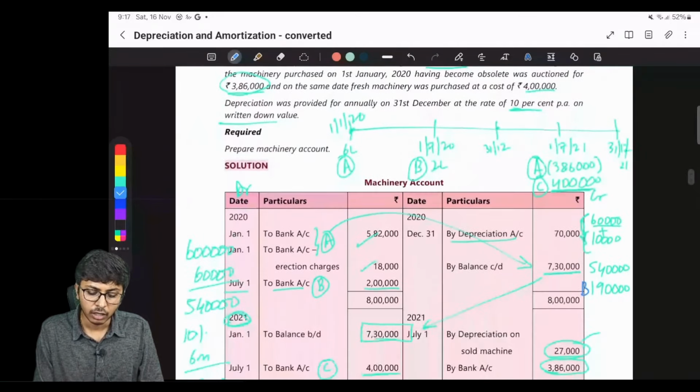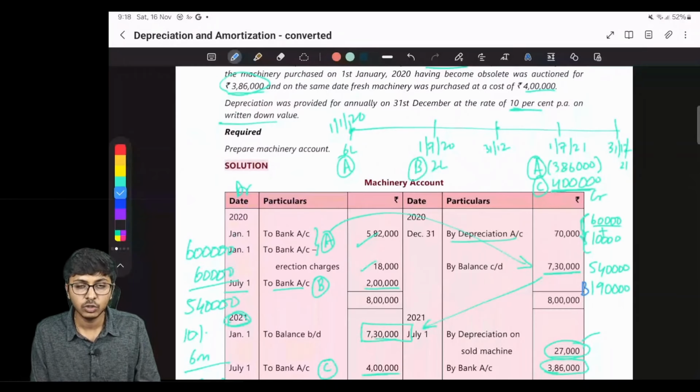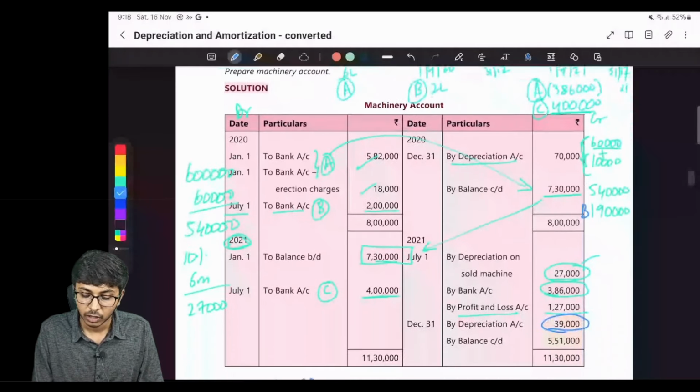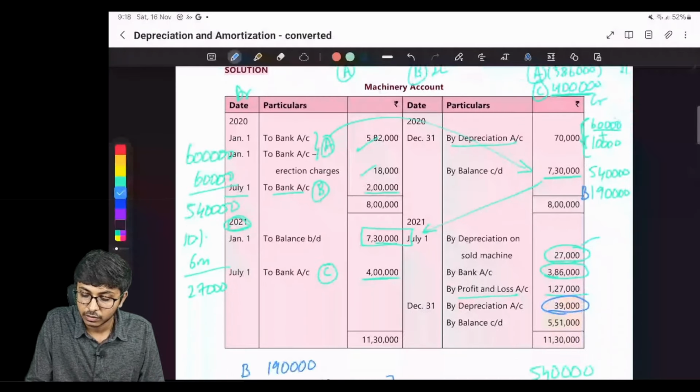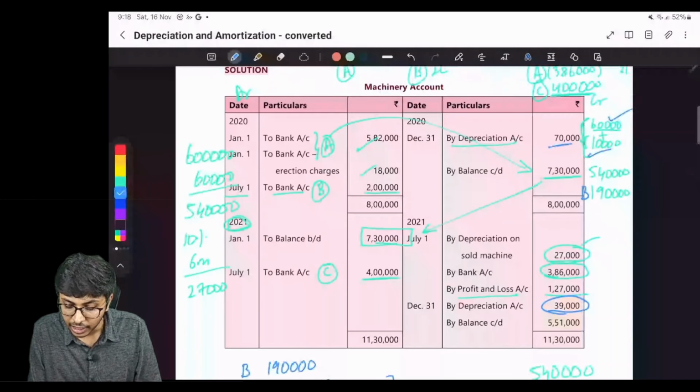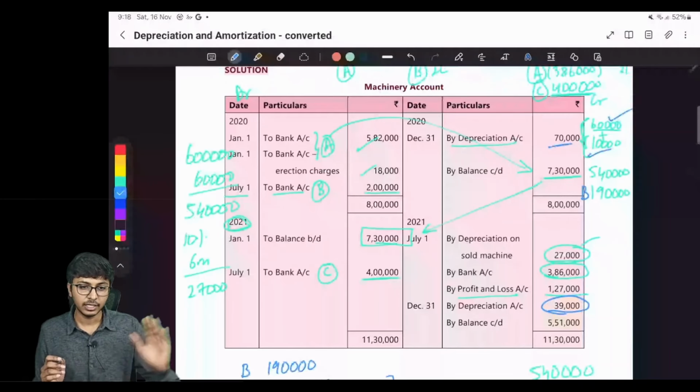On 1st January, we bought one asset A. Then on 1st July, we bought one more asset B. Then on 31st December, we are depreciating both the assets, correct? For A, how much depreciation? We calculated it is 60,000, correct? And for B, 10,000. That is the 70,000 we got, correct? So in this balance carried down, we have both the assets A and B.